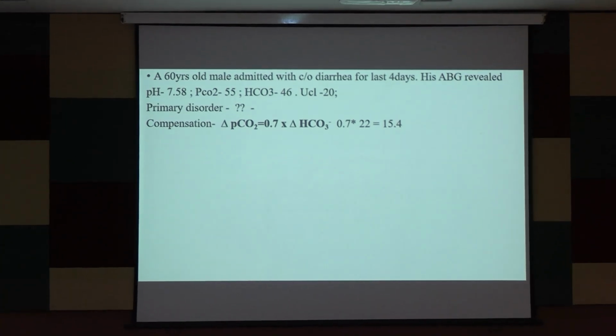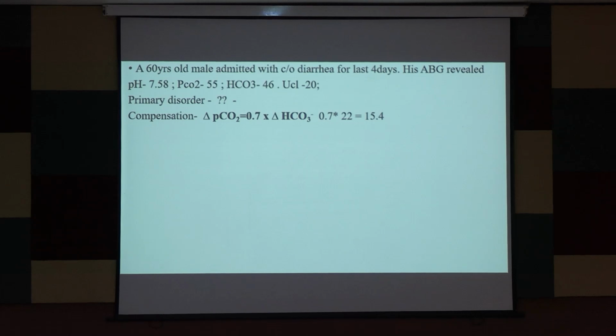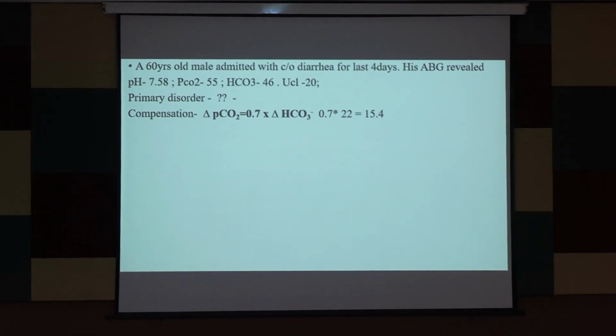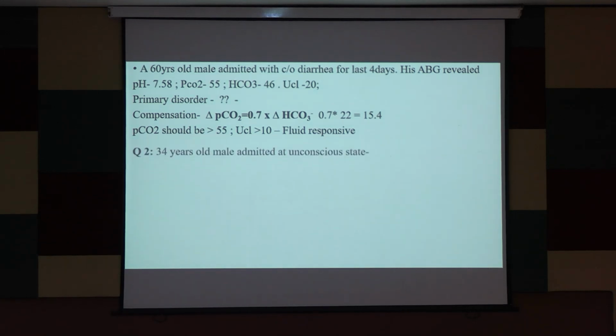PCO2 কত হতে হবে? 15.4 ইনক্রিজ করতে হবে, তার মানে কত? 55.4, 40 plus 15.4, 55.4. তো এখানে কত আছে? 55. কম্পেনসেটেড, ঠিক? And UCl is more than 10, right? So it's fluid responsive, right?